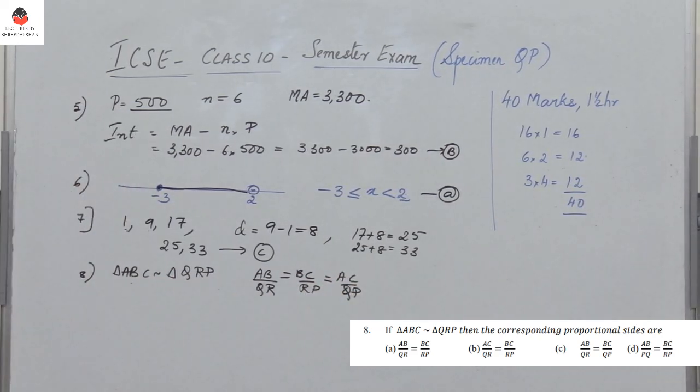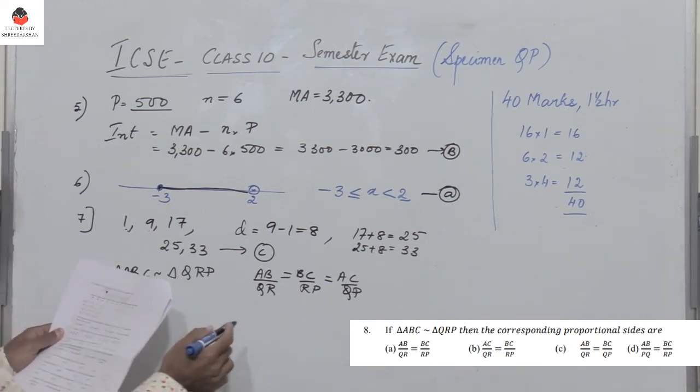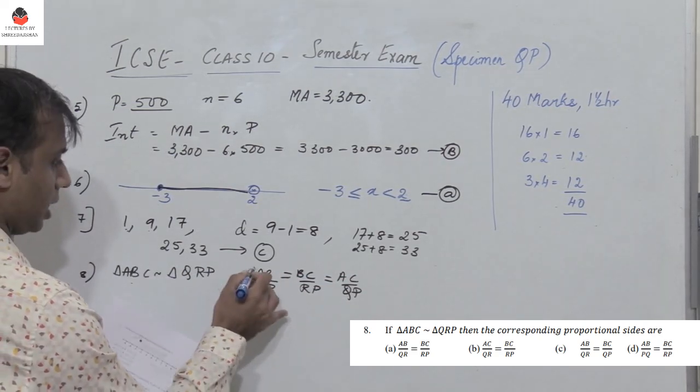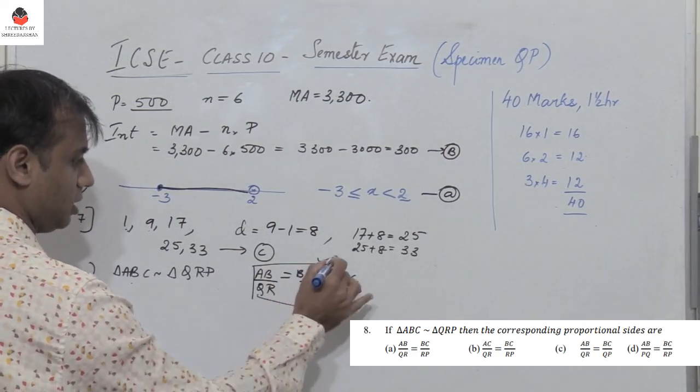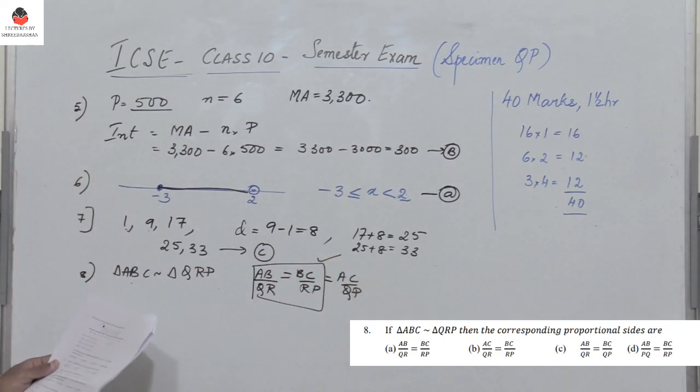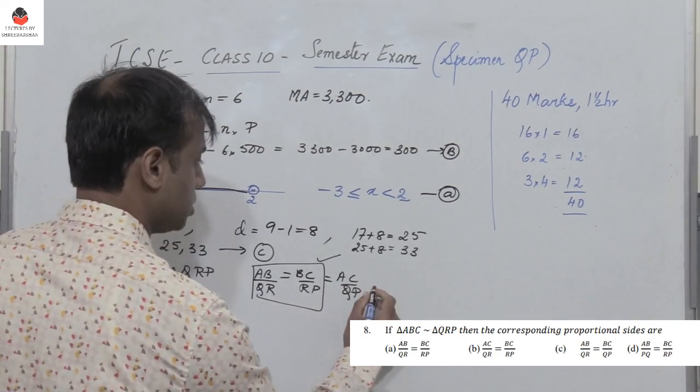Now observe the four options. AB by QR equals BC by RP. The first option itself is right, whereas the other options are not correct. Where AC by QR, option B is wrong. AB by QR equals BC by QP is also wrong. The fourth option is also wrong. So the right option is option A.